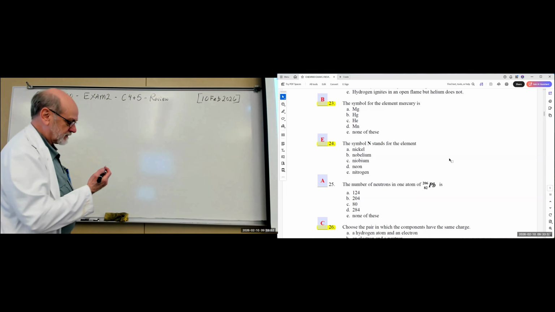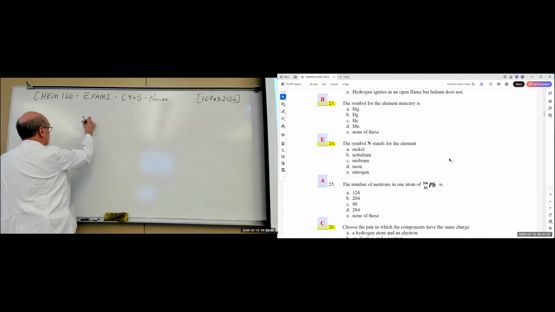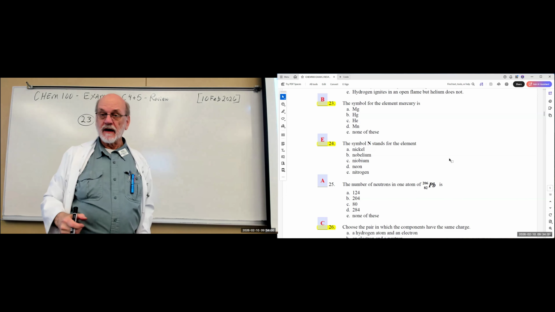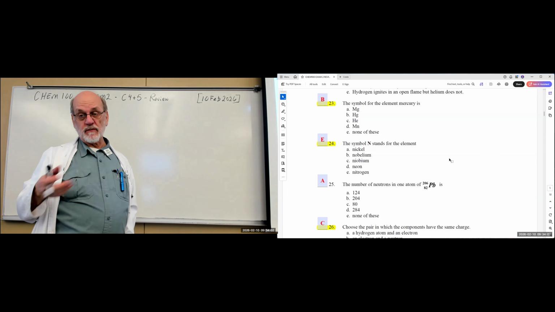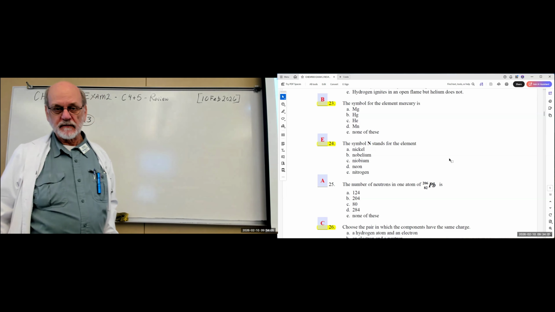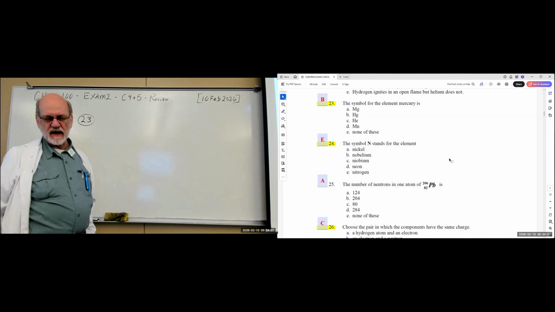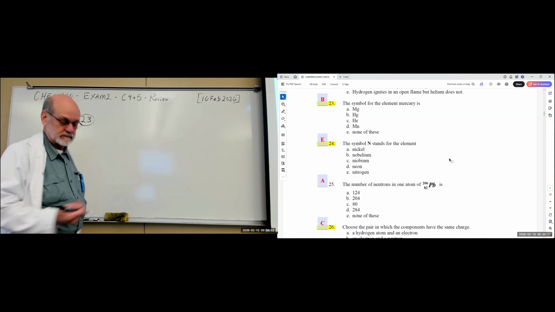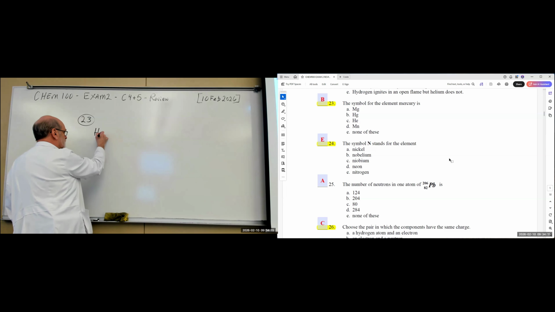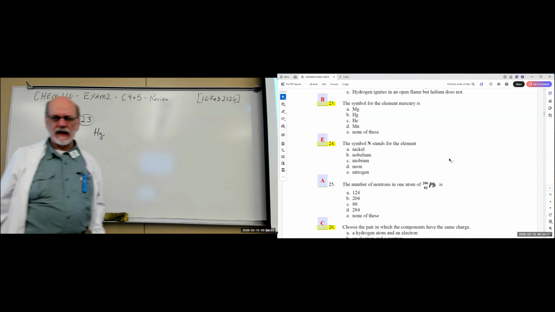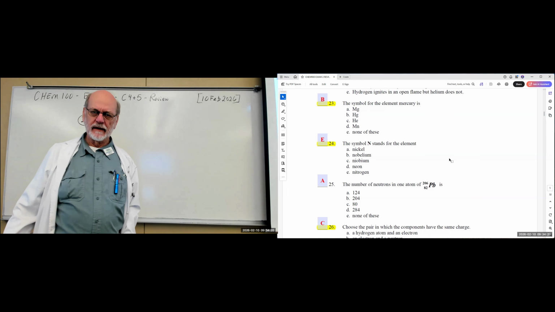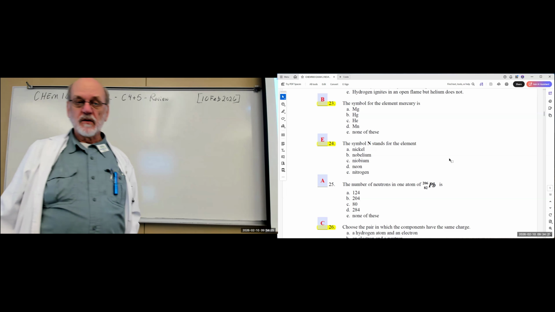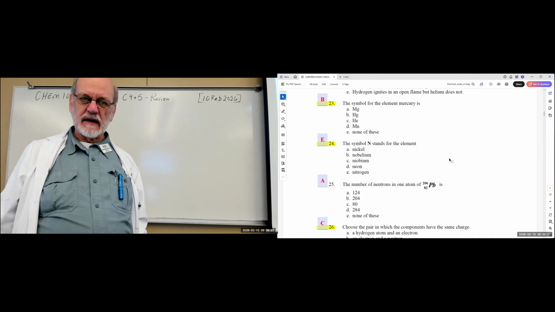All right, number 23. The symbol for the element mercury. All right. For mercury, I would suggest you just memorize the symbol. Because the Latin word that goes with Hg is a little hard to tackle. Hg is mercury. I think the Latin is hydrargyrum, and it comes from the early modern era.